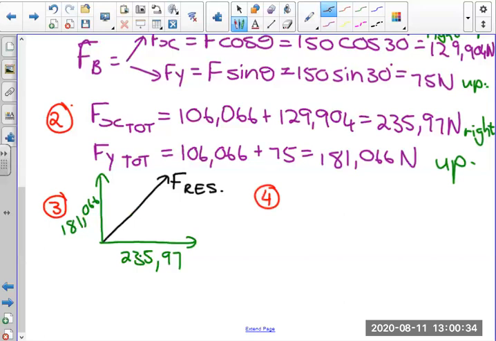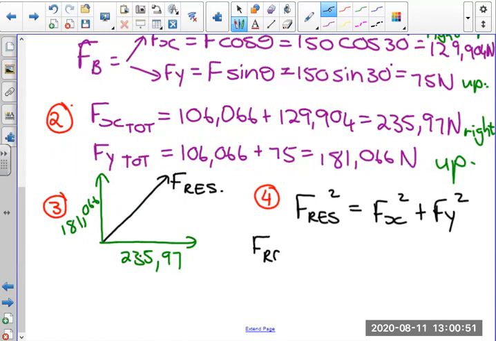Okay, so when I use Pythagoras, I'm going to say F resultant squared equals the Fx total squared plus the Fy total squared. So when I substitute it in, F resultant equals, now let's just fill it in correctly so that the x is at the x and the y is at the y.